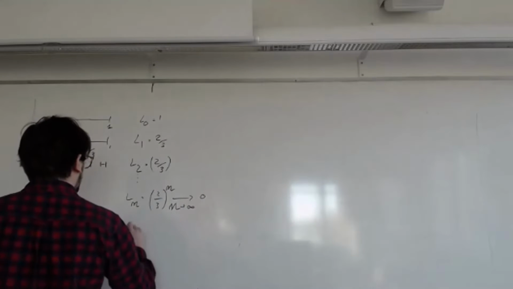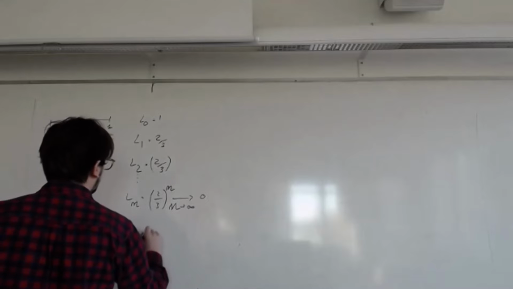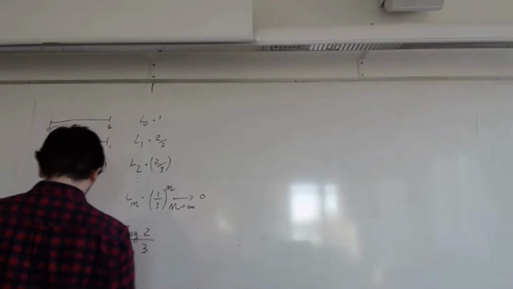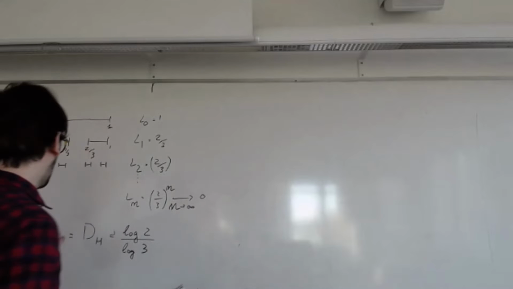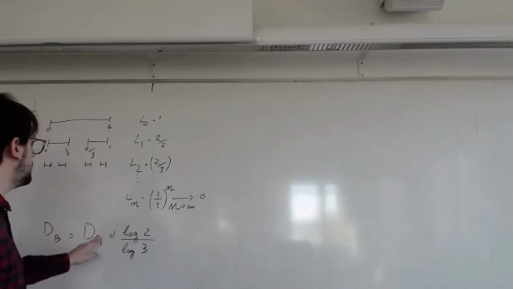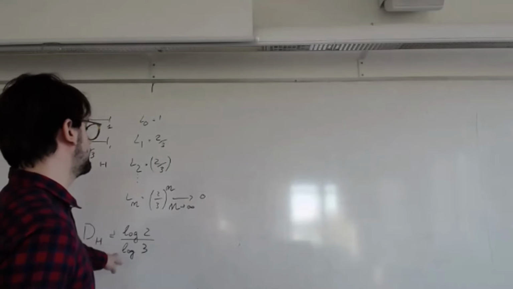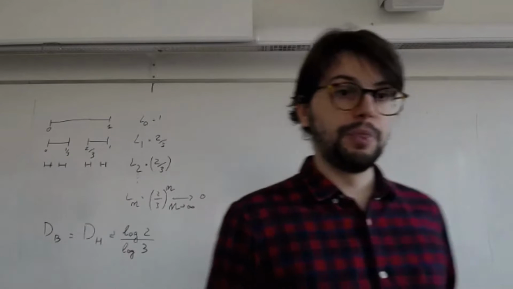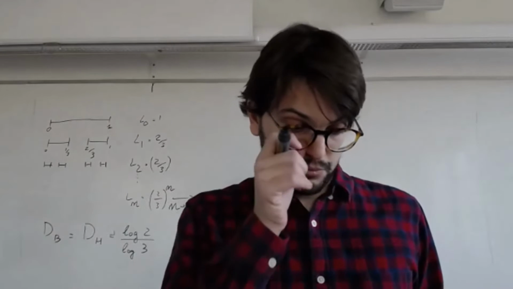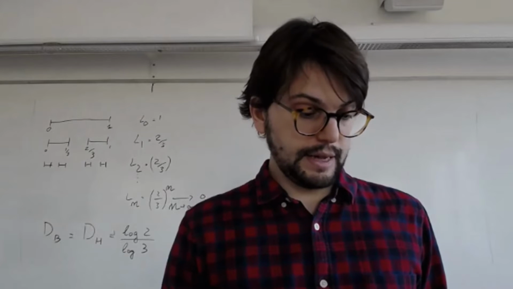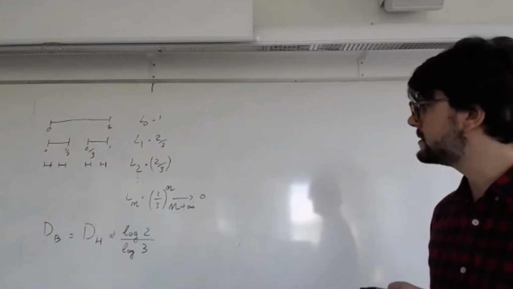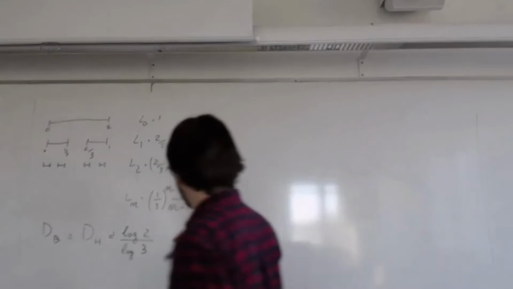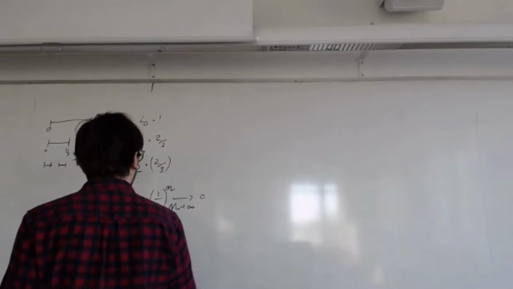And therefore, in a very similar way to the Koch curve, you can find out that the box dimension is equal to the Hausdorff dimension of the Cantor set, which is equal to the logarithm of 2 divided by the logarithm of 3. That can be demonstrated. I will not do it, but the interesting thing is that this is less than 1.